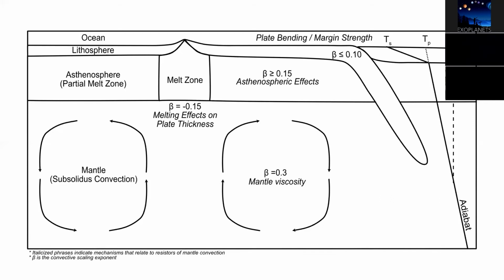And because you're creating those thick plates, they're harder to bend, they dissipate more energy, and that's going to make it more difficult to cool the mantle more efficiently. So what we choose to do here is incorporate all of these different models and test a range of beta values from negative 0.15 to 0.3, assuming that there's fuzzy boundaries between these different models.